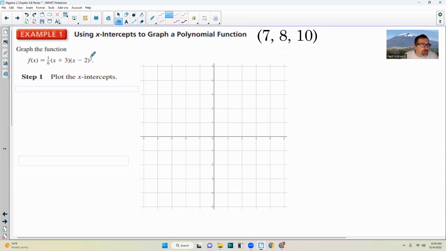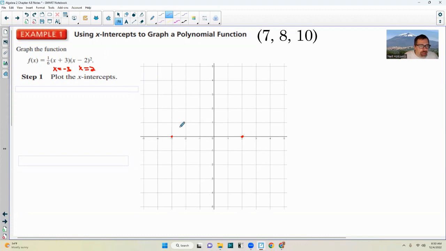The x-intercepts are when x equals -3 and when x equals 2, because if x minus k is a factor, then k is the x-intercept. So I'm going to put a point at -3 and a point at 2. That's pretty straightforward, and those are the two x-intercepts.